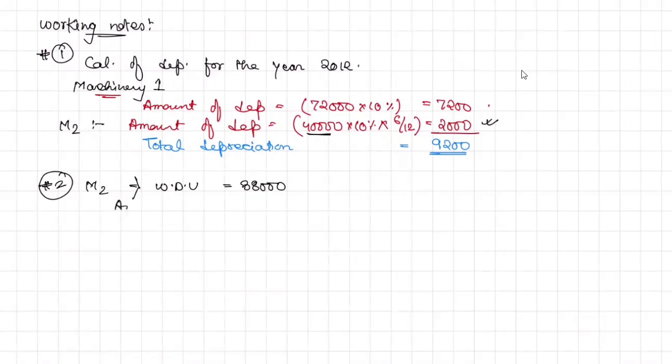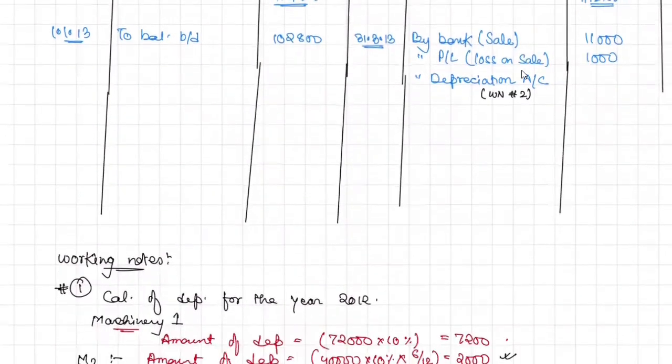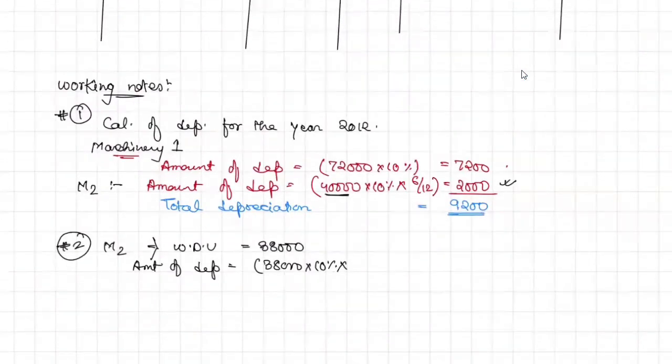So what will be the amount of depreciation? It will be 38,000 into 10% into, it is sold on 31st March. So 3 months. So only for 3 months we'll get the depreciation. So it will be 38,000 into 10% into 3 divided by 12.